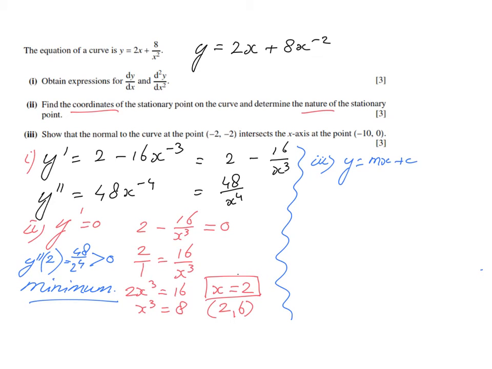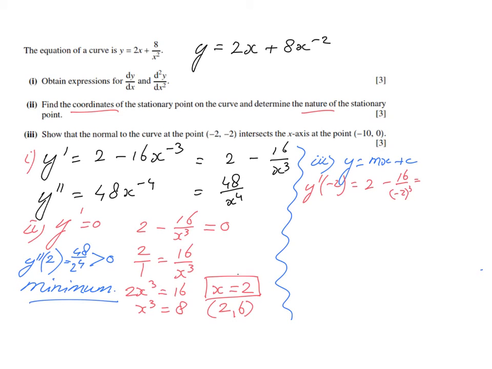Let's find out what the gradient of the curve is at that particular point, because the normal is going to be the reciprocal with opposite sign. The gradient of the curve itself for x equals minus 2 is 2 minus 16 over minus 2 to the power of 3.